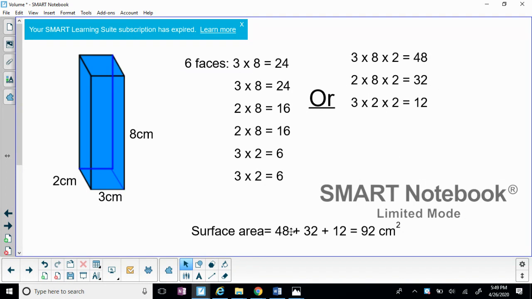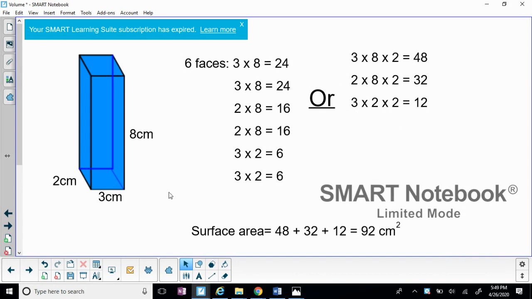We still have to add them up. 48 plus 32 plus 12 for a grand total of 92 centimeters squared. So that's a way to make it a lot quicker.